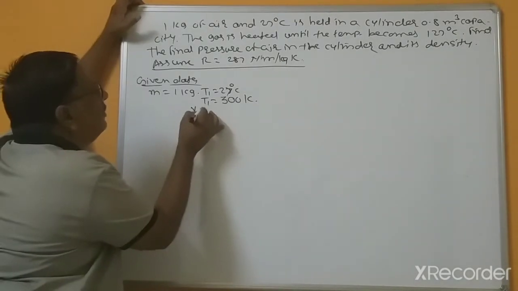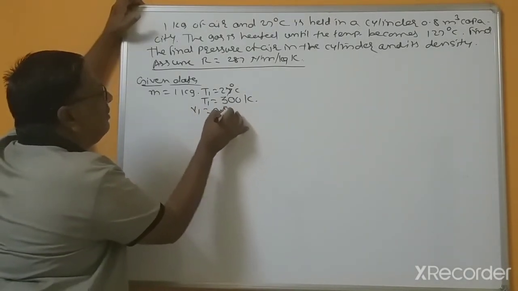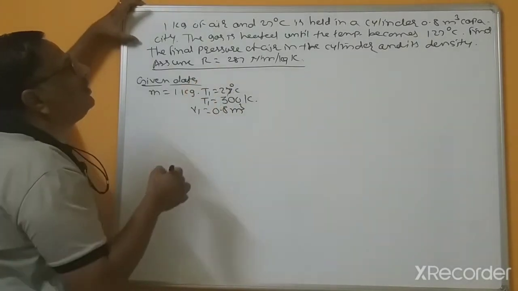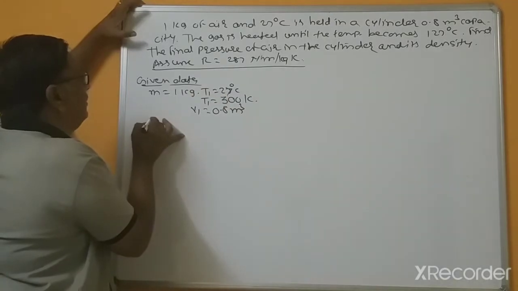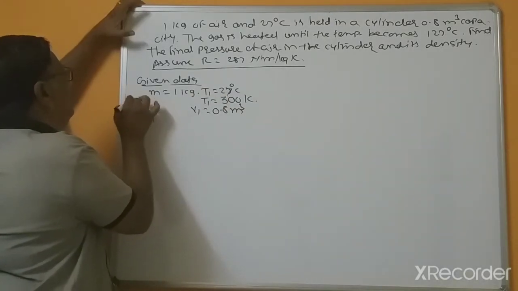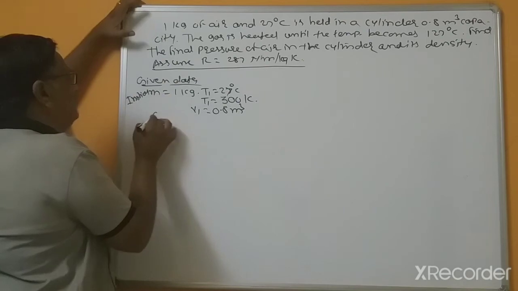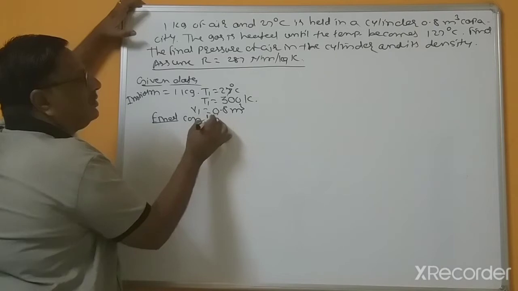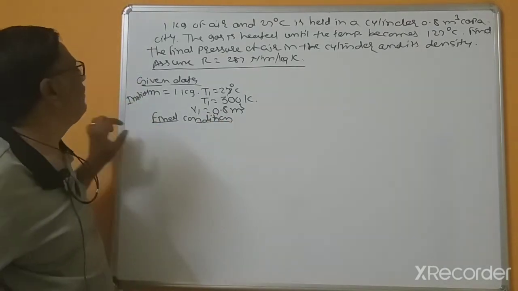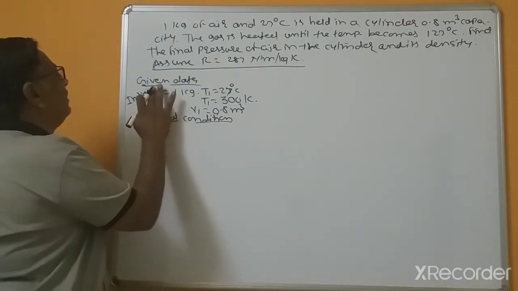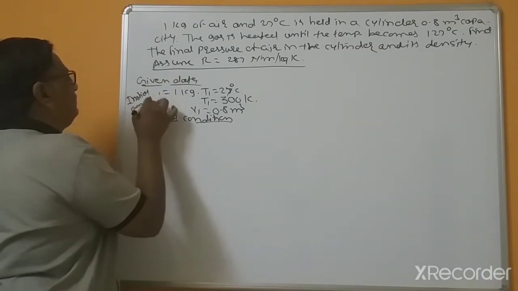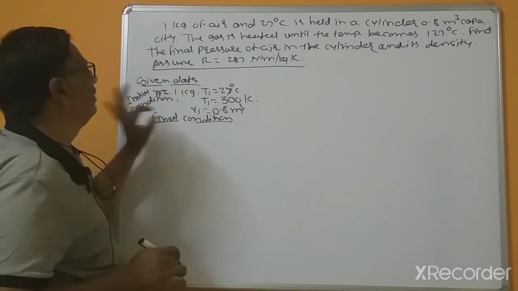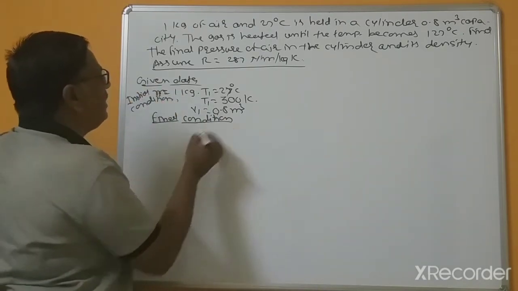V1 equal to 0.8 meter cube capacity. The gas is heated until the temperature becomes something else, so this is the initial condition and this is the final condition. So I write here final conditions.